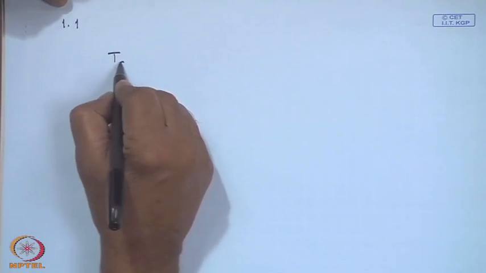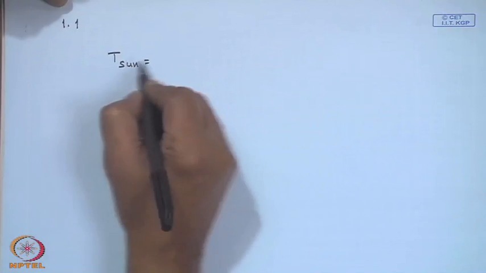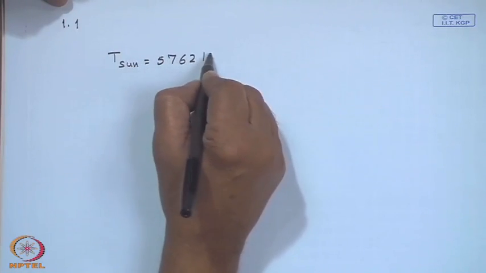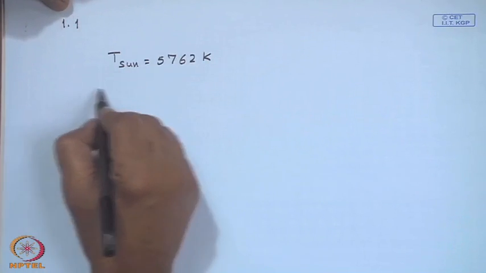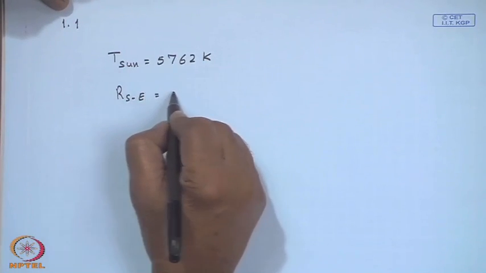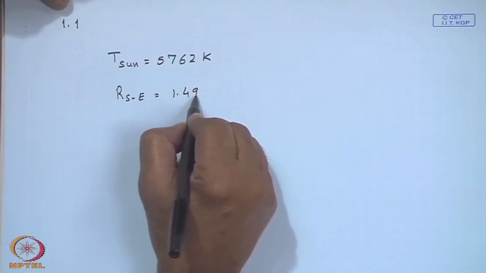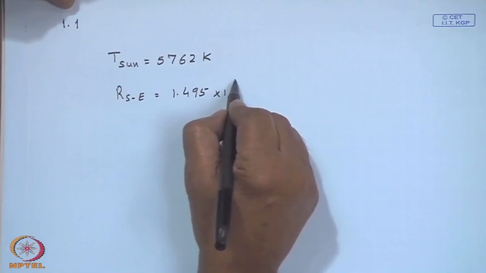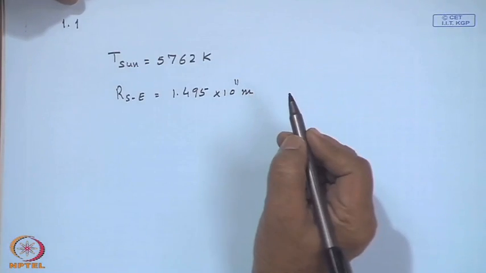T sun effective is 5762 Kelvin. Sun to earth distance is 1.495 times 10 to the power 11 meters.